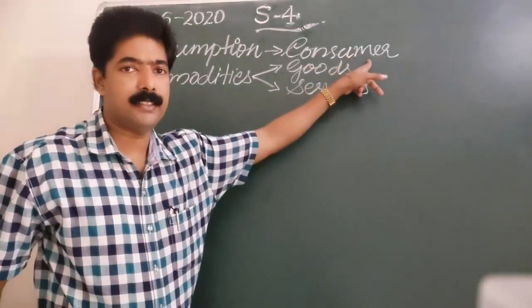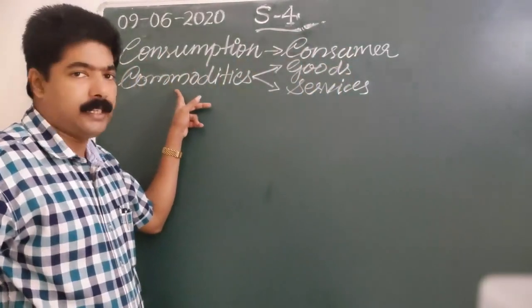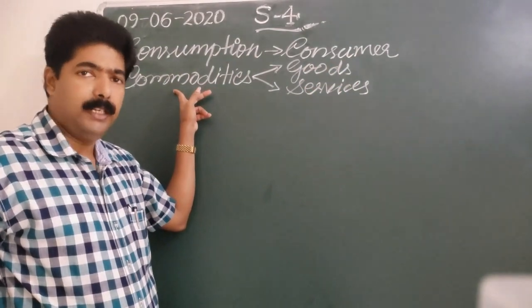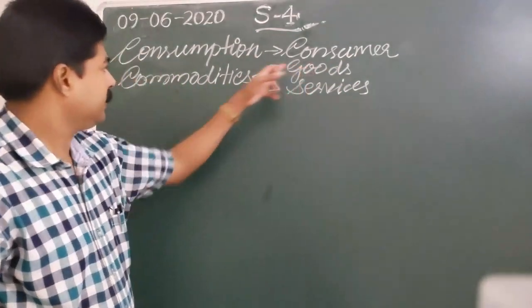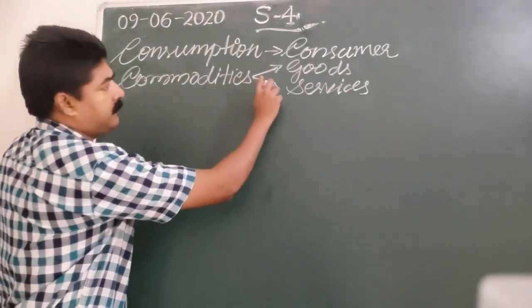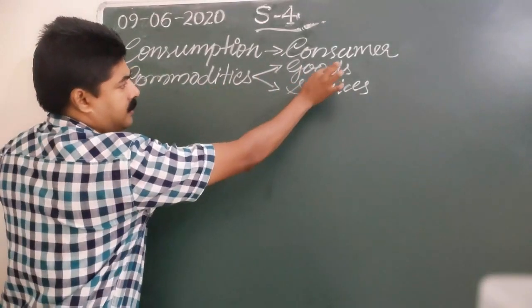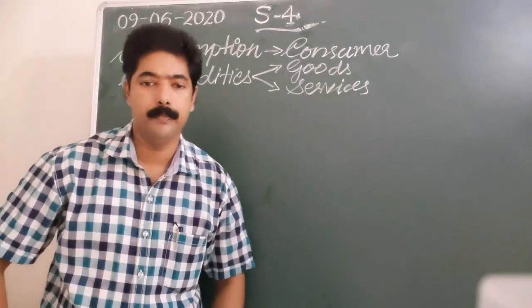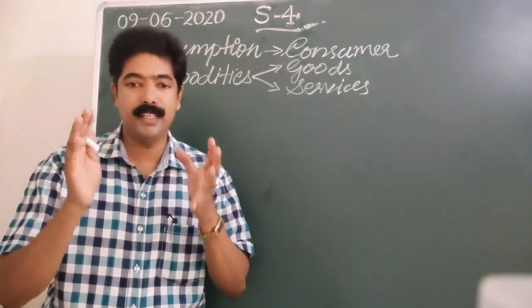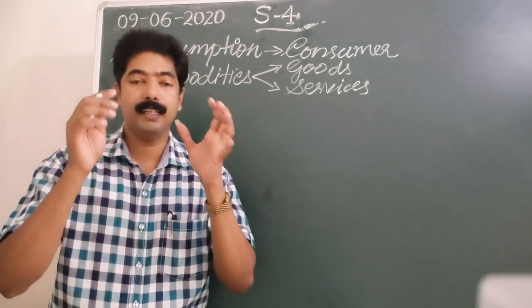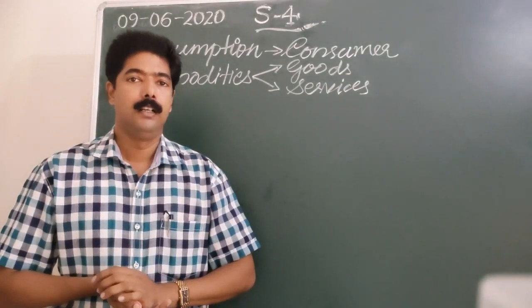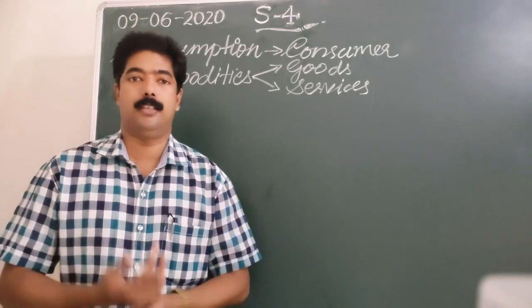A consumer requires all those commodities which are used to satisfy human wants. These commodities can be classified into two categories: goods and services. What are called goods? Goods are tangible or material things. What is tangible? The items which we can touch.